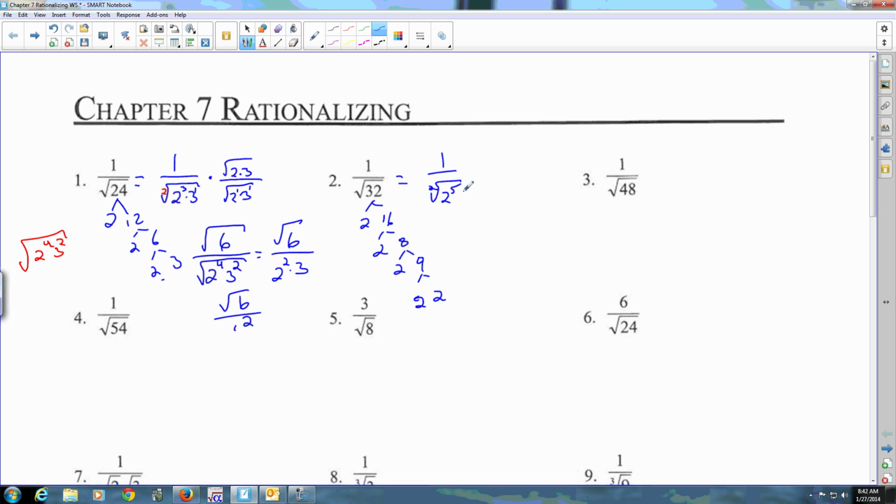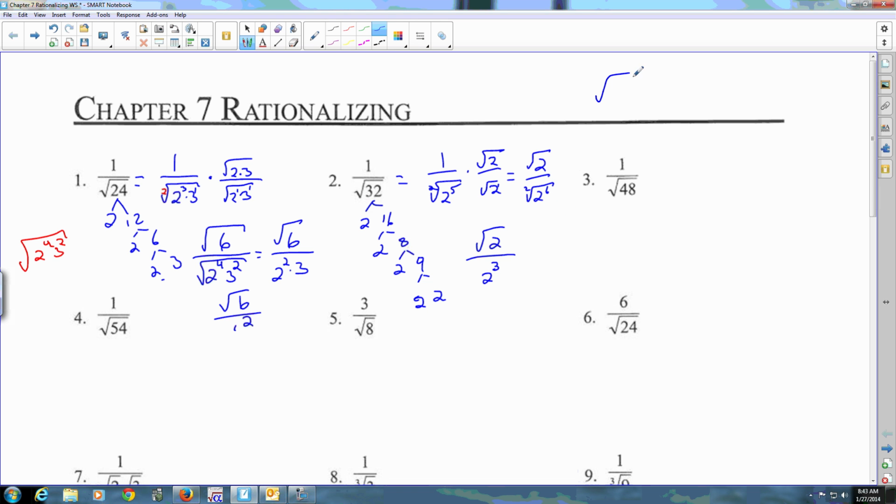Since it's a square root, if that was a 6, everything would pop out. So I'm missing a single 2. So the top would become the square root of 2. The bottom, 2 to the first times 2 to the fifth, it's 2 to the sixth. It's a multiple of the root. 2 goes into 6 3 times. So the top is the square root of 6. The bottom is 2 cubed. 2 goes into 6 3 times, and the root's no longer there.